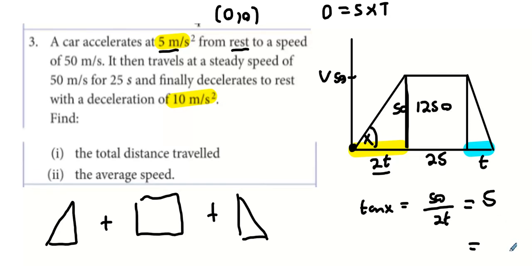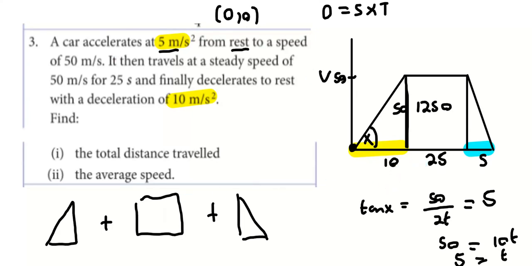So what do we get here? 50 cross multiply, you get 10t equals 50, and then t will equal, anybody? 5. So that makes this 5 and this one 10. Okay.